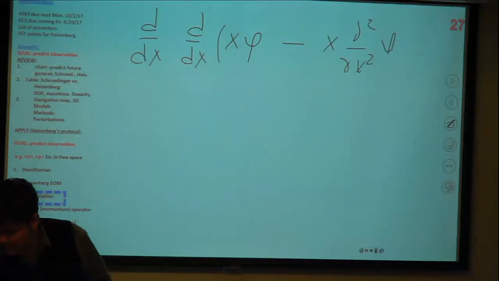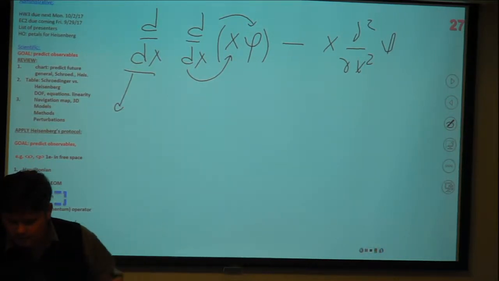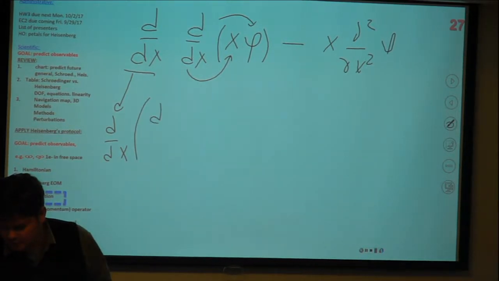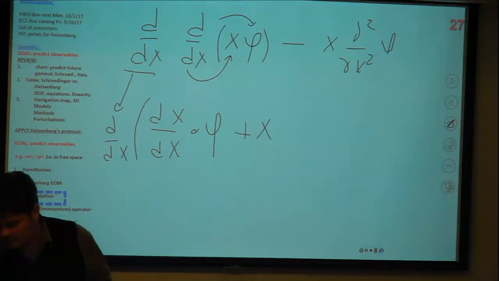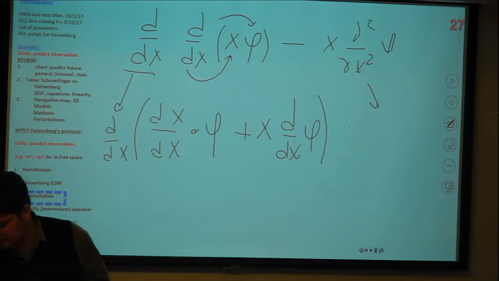Now, this is a product. So first we apply the derivative to the first term, then to the second term. And this outer derivative stays intact. So dx over dx times function phi plus x times d phi over dx. And then keep this term: minus x d2 over dx squared phi.